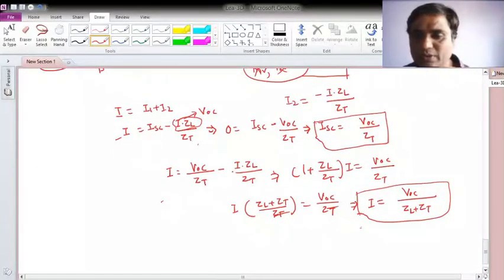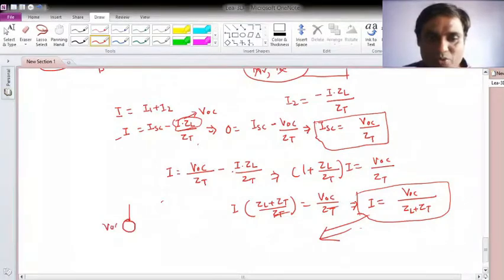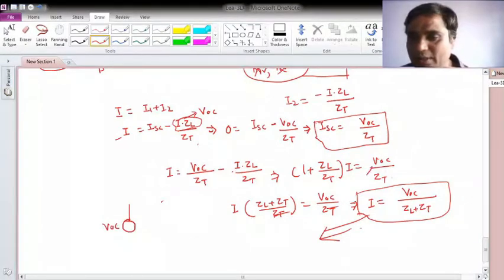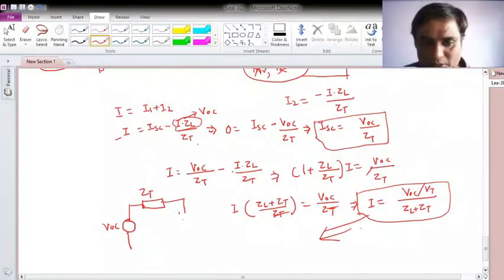So with this, what will be my equivalent circuit? This will be a voltage source VOC, or I can write VT also, in series with ZT, that is the equivalent impedance, and it is in series with ZL.